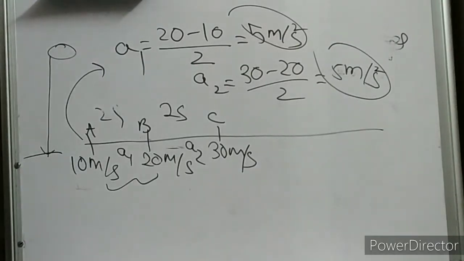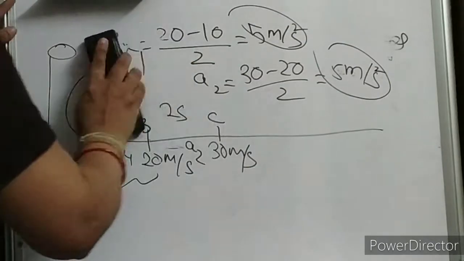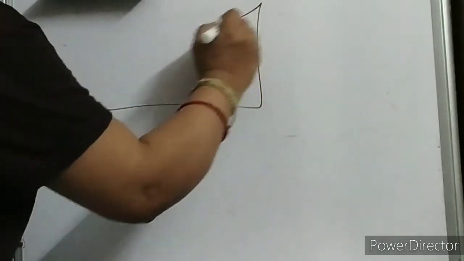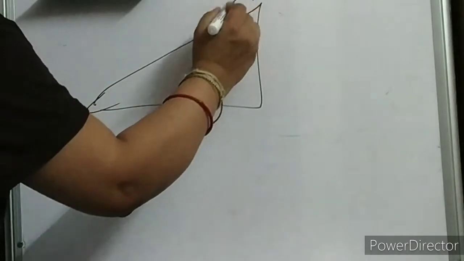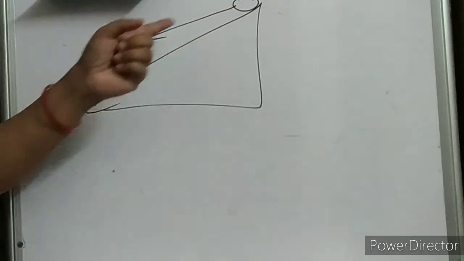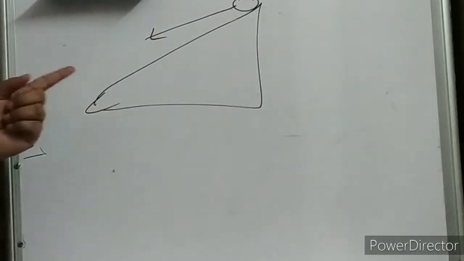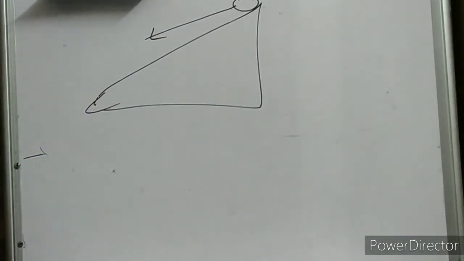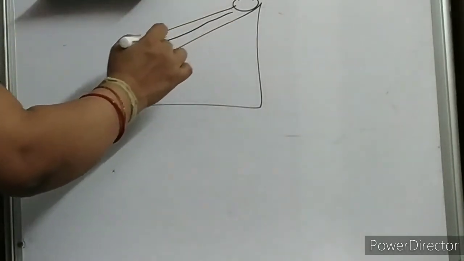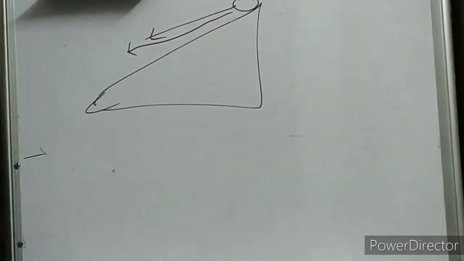Another example is when a ball is rolling down an inclined plane. The motion of a ball rolling down an inclined plane is also an example of uniformly accelerated motion, because velocity is continuously increasing at a uniform rate.